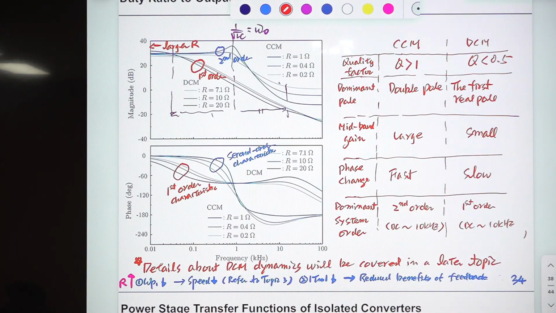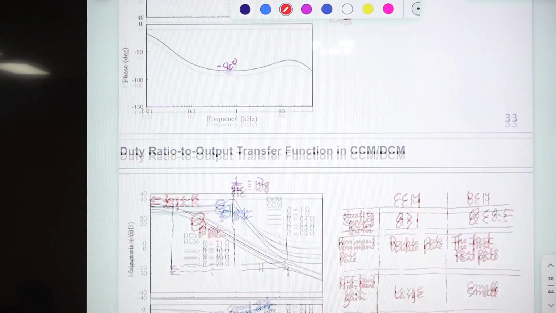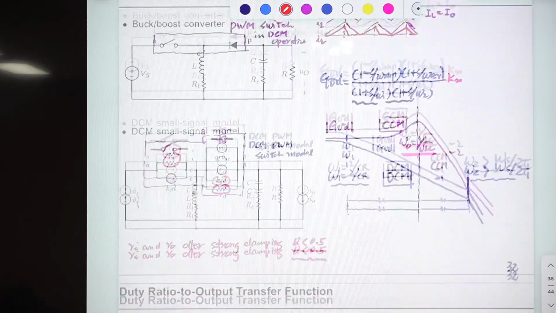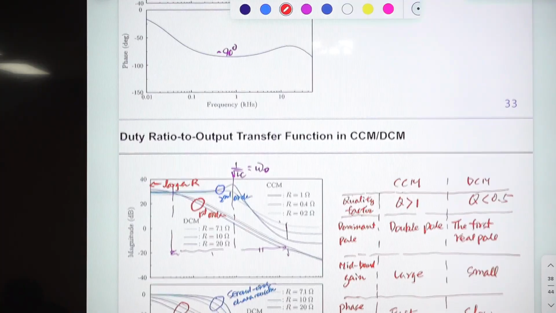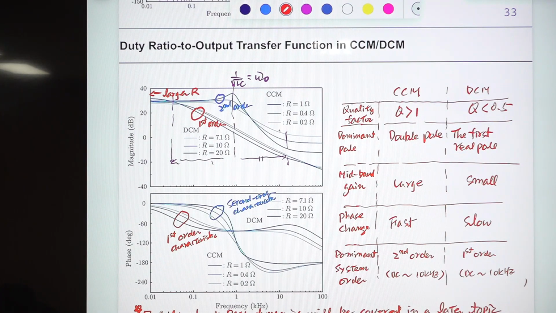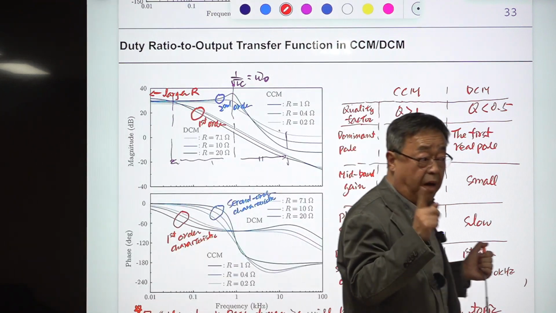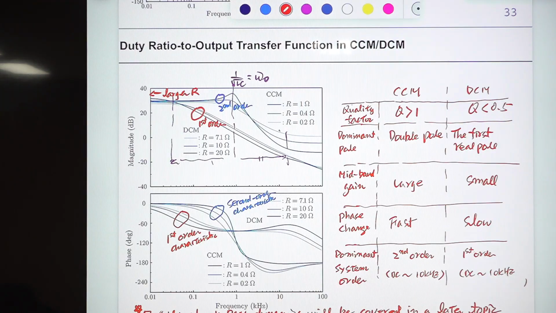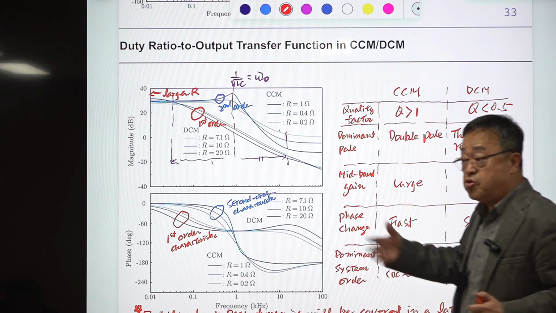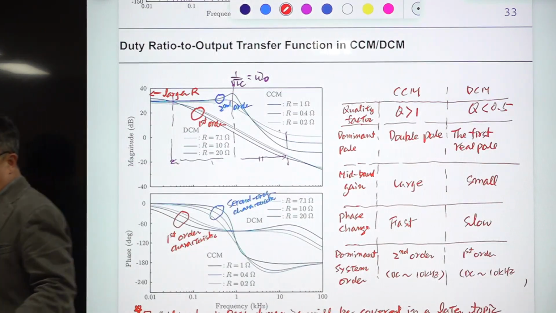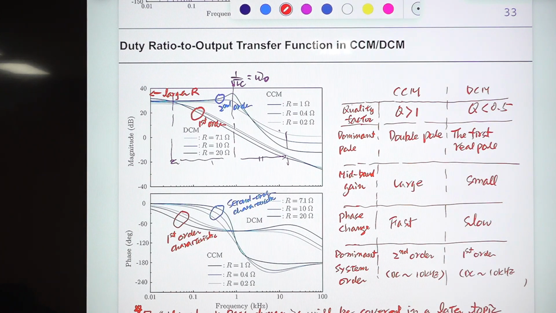I think you can stop here. We covered most of the things about the power stage dynamics of PWM converters. In the next lecture we'll cover the one remaining topic, the small signal dynamics of isolated converters, and then we move to the control of these converters, because we went through the details of the power stage dynamics and based on that information you can proceed with control design.